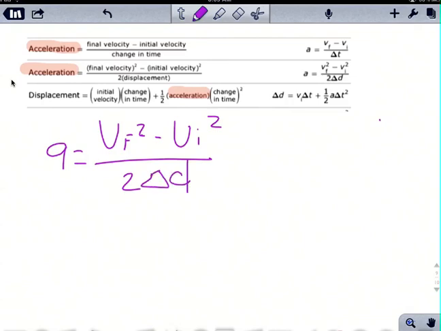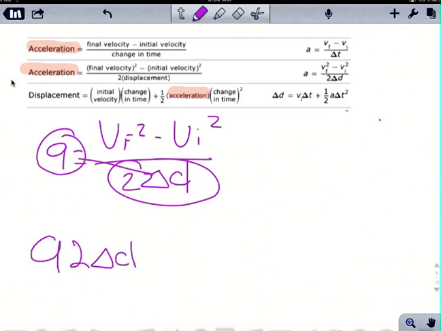When we're looking at that, the main thing to think of is that we can do the same thing. If we want to solve for delta D, we can switch places with our acceleration. But if we're solving for our final velocity or initial velocity, we still multiply these two variables. So we have acceleration times 2 delta D equals our final velocity squared minus our initial velocity squared.